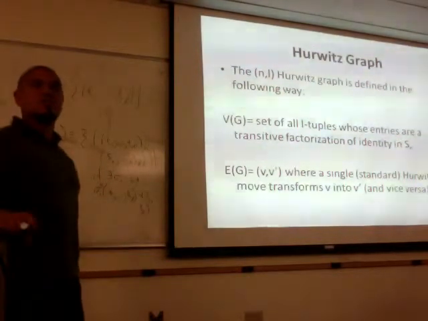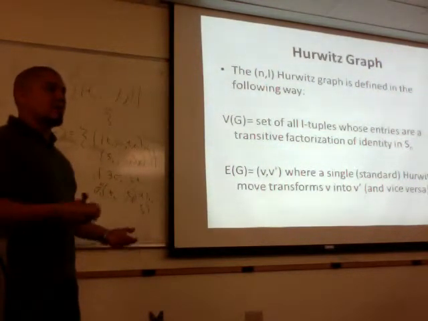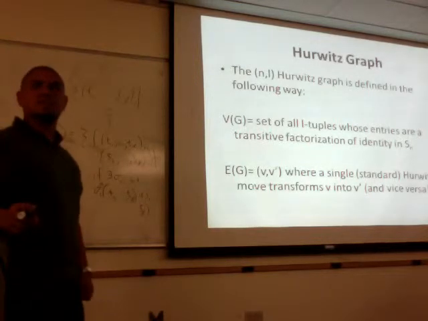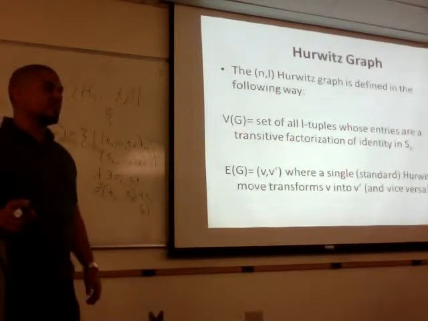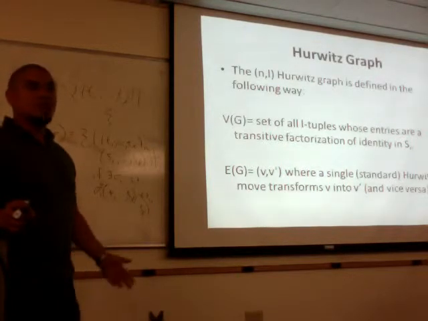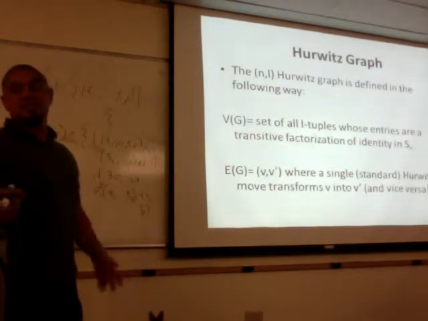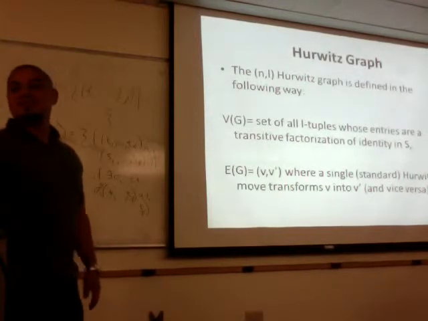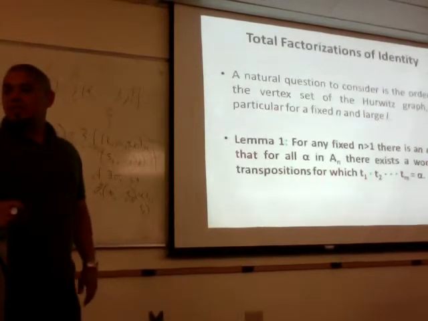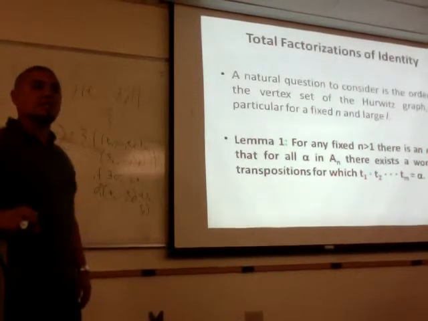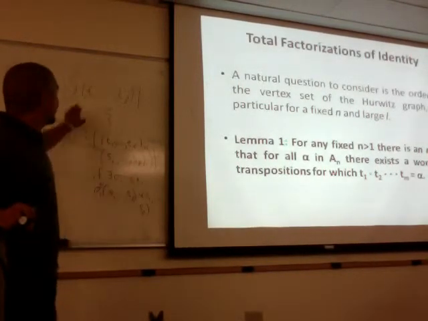It's a combinatorial problem. You have to figure out how many factorizations of identity there exist, right? You also have to figure out how many of them are transitive, and so on. These aren't immediately known questions. At least we didn't know, and we couldn't find it. So I had to figure it out. So the natural question to consider, like I said, was the order of the vertex set. How many of these exist?